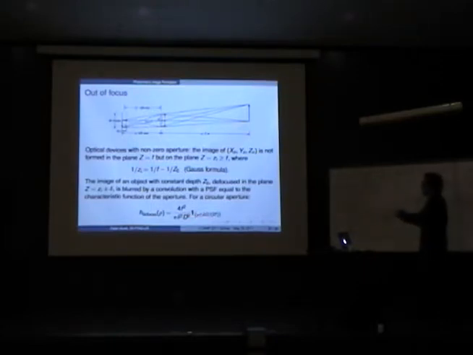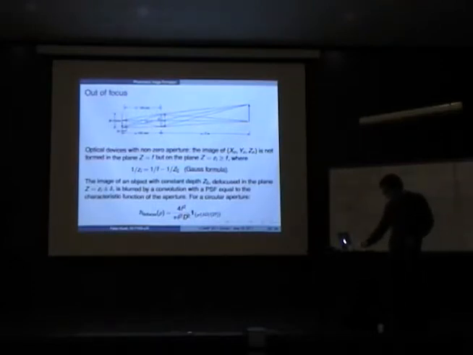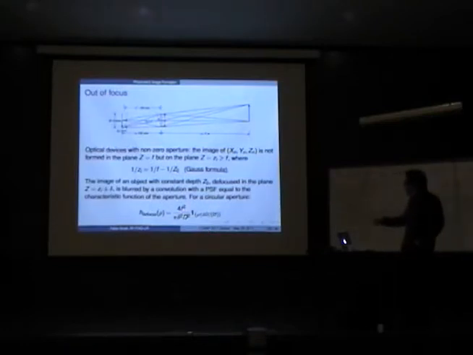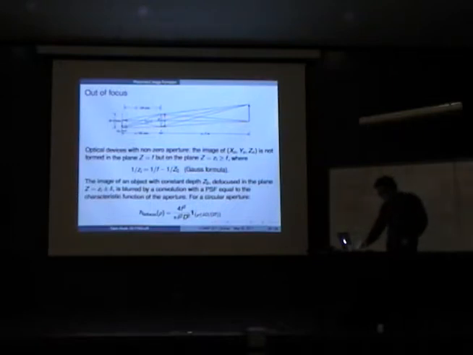So it's basically an indicator of a circle weighted by this stuff here. So again, we can do an analysis to see how f, delta, and d influence the defocus kernel.